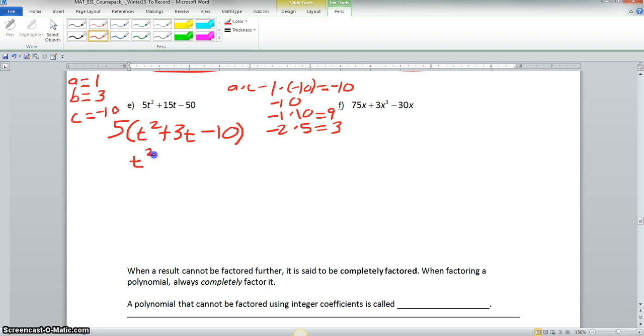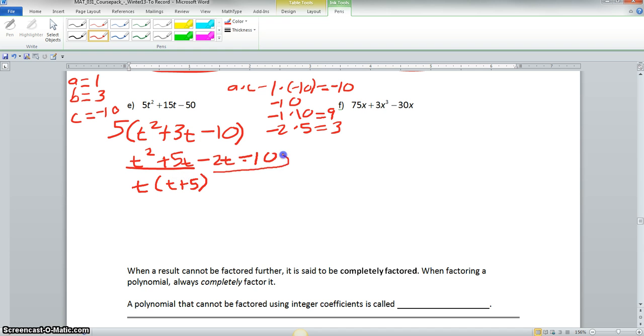So we have t squared plus 5t minus 2t minus 10. Now we group the first two terms. We can factor out a t, and we have t plus 5.